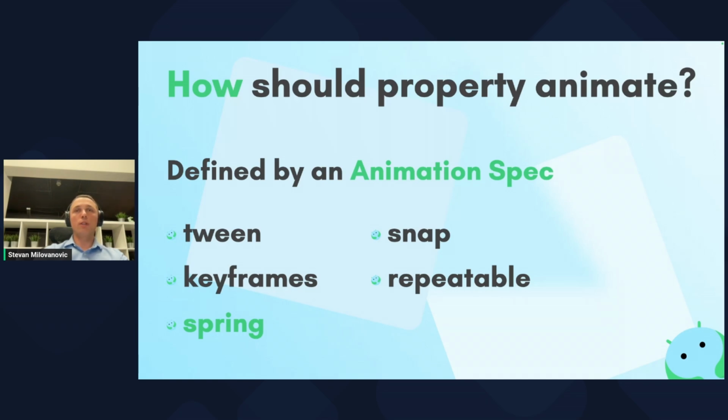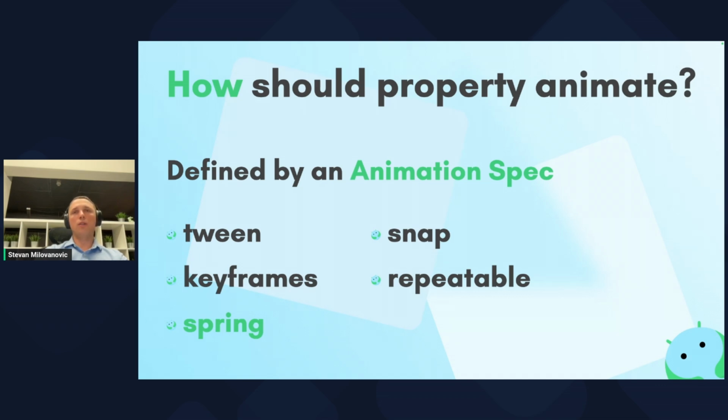The next one is repeatable animation spec. It accepts animation spec, which has to be duration-based, and the second parameter is count, which represents basically the number of repetitions.